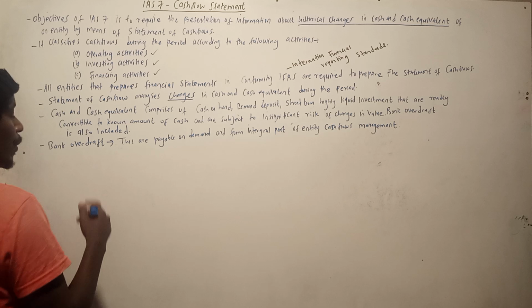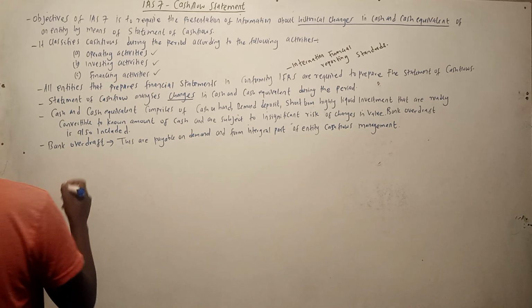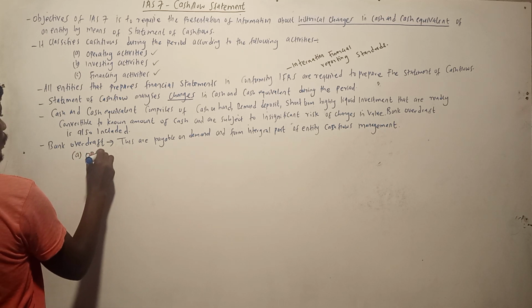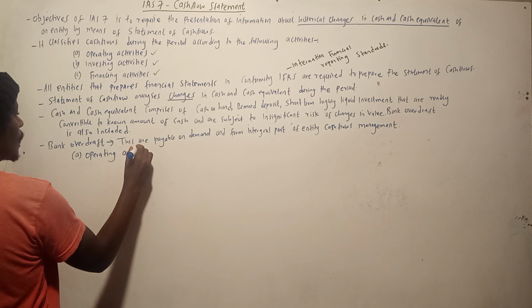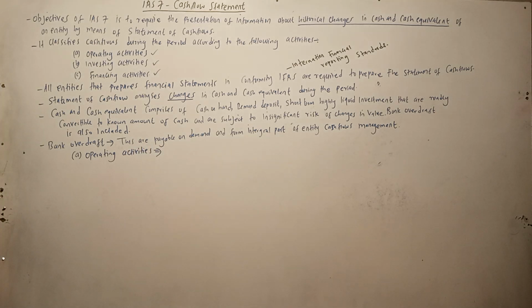Now let us explain these activities before we come up with the format. We start with the operating cash flow. Let us explain them. Operating activities. So cash flows from the operating activities.